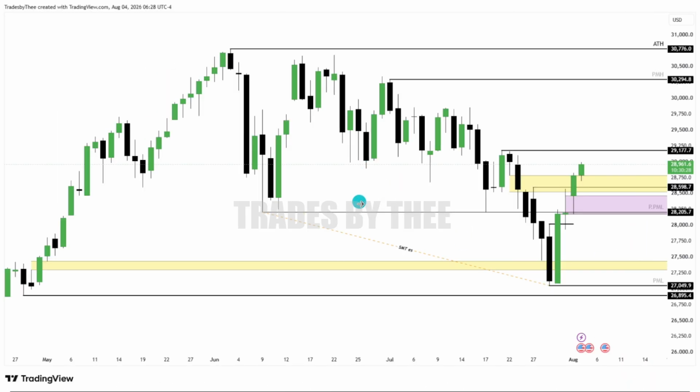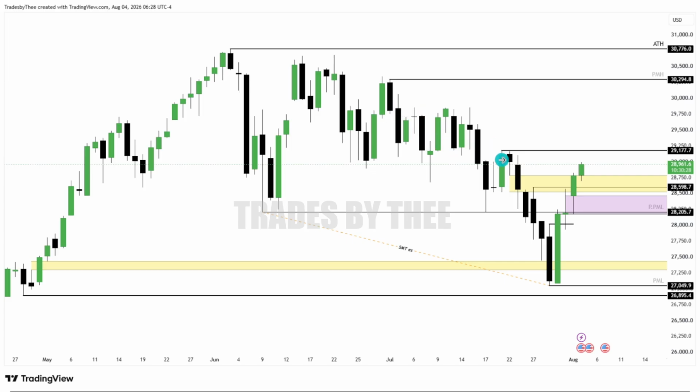Now this is the same daily chart, but with the paintings and the lipstick. First and foremost is to note the all-time highs. Then we have the previous monthly high, which is the July high, which didn't go above the June high and has been trending downwards for both the month of June and the month of July.